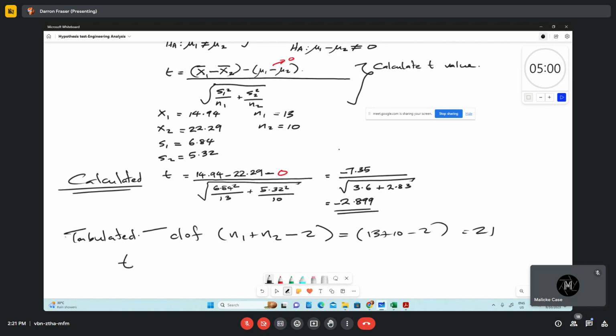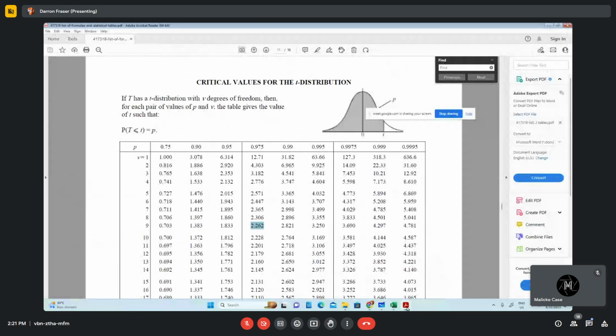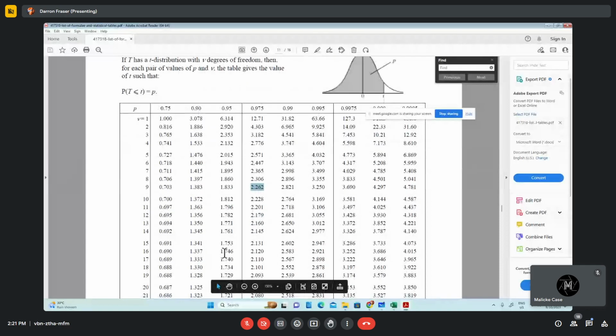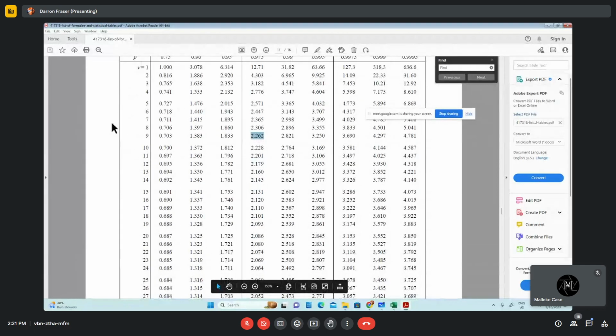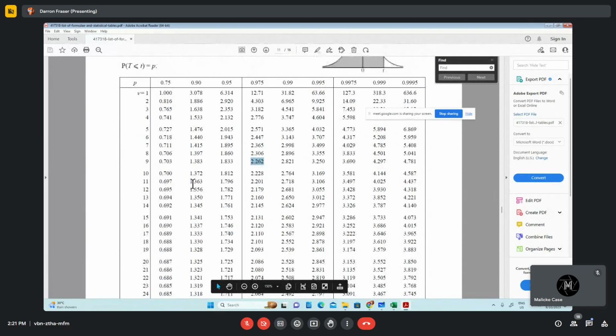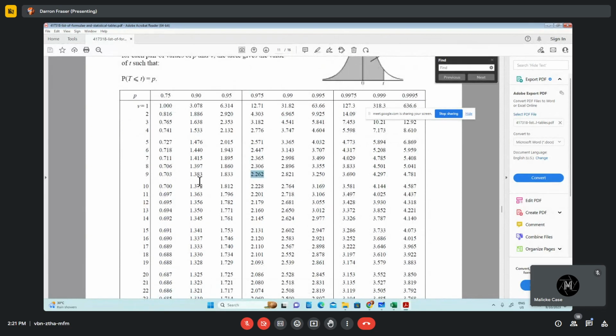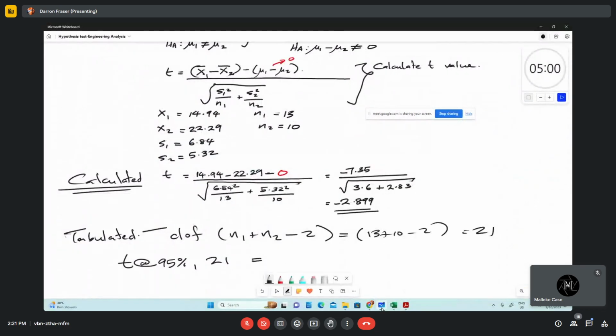All right, so for t, I'm going to use 95% as usual, and 21 degrees of freedom. So we're going to look that up in the table. Once again, it's a two-tailed test. So at 95%, this is 2.5 over here, 2.5 over here.